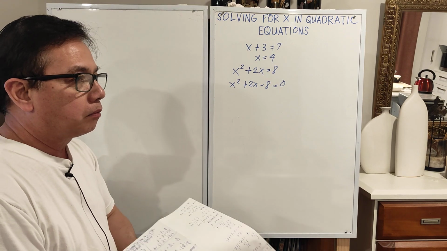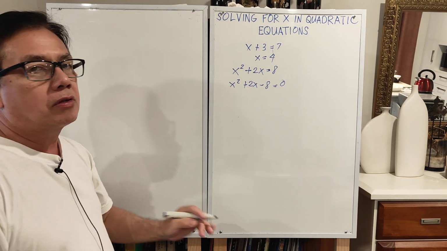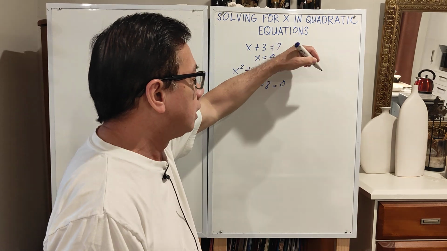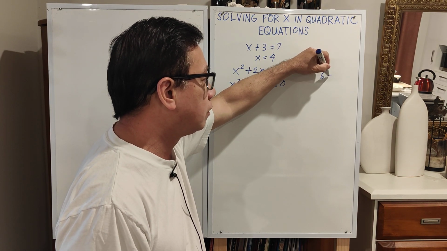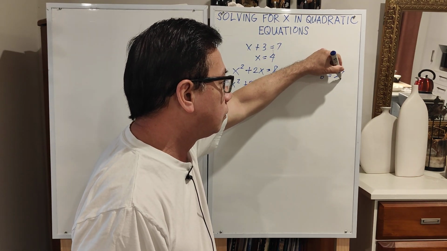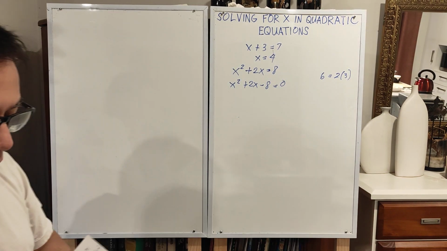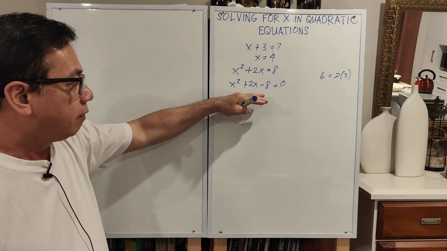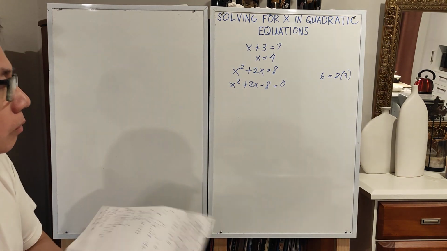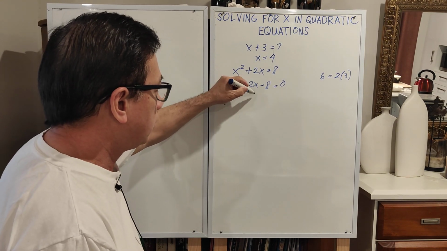Factoring is like finding factors of a number. So for example, the factor of 6 can be 2 times 3. So you factored 6 into 2 times 3. In this case, we will also be factoring this trinomial into two binomials.